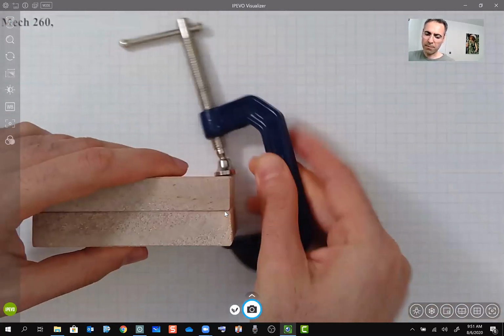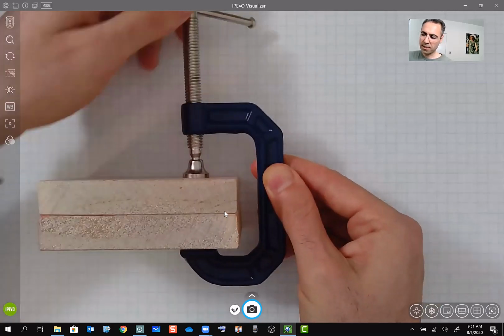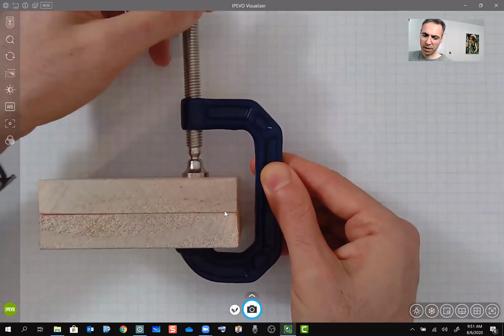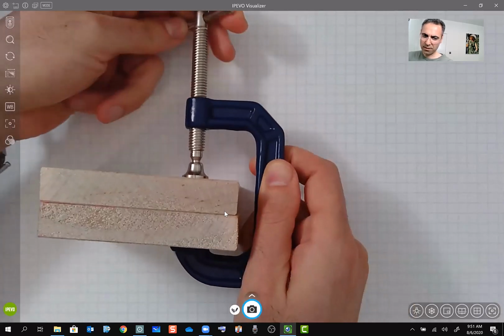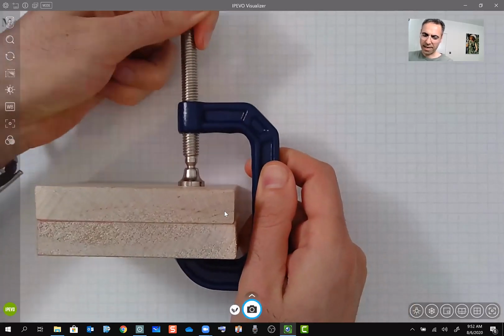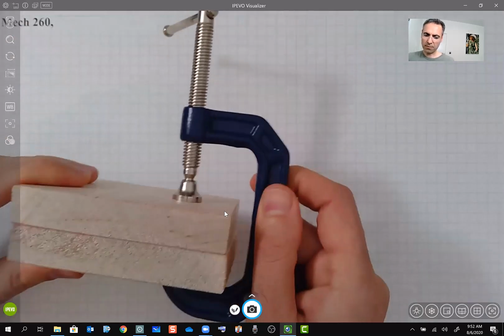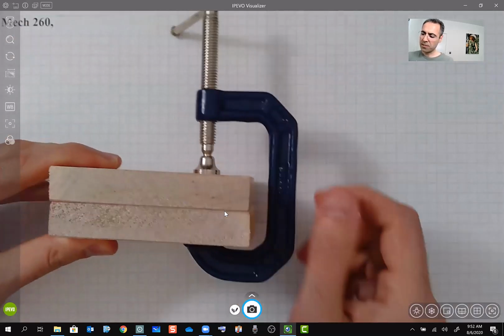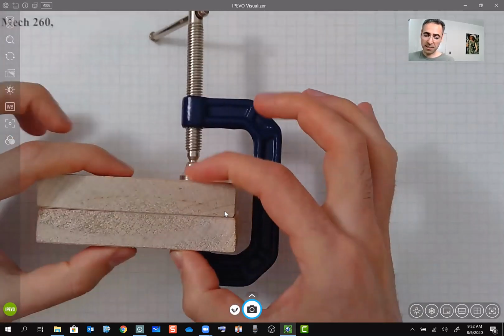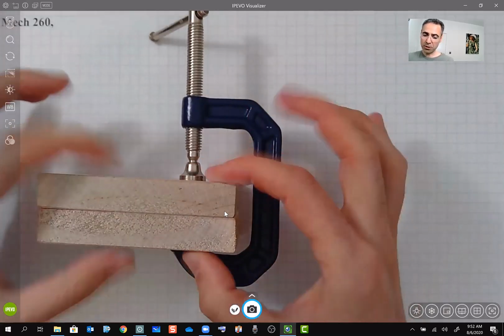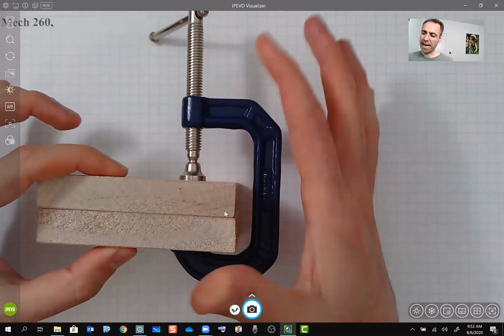So if, for example, I put these things there and I try to tighten up, now I can tighten it up like that, okay? Now these things cannot move, all right? So when I'm tightening up something with a C-clamp, I'm compressing these two, right? And these two, they apply a reaction.